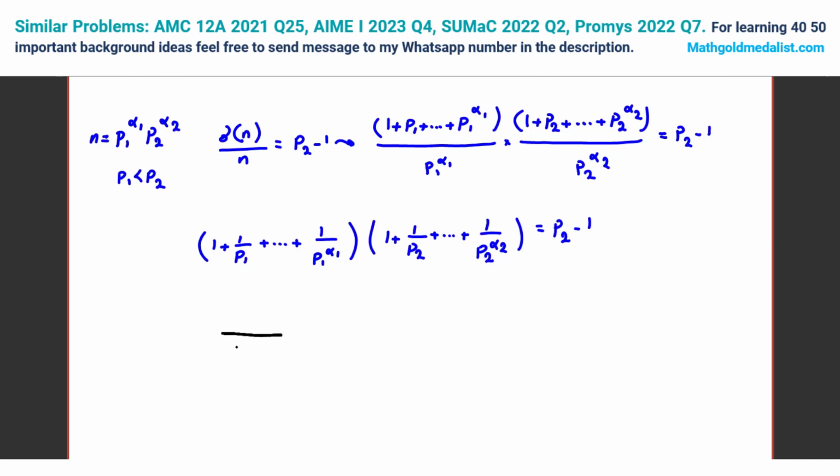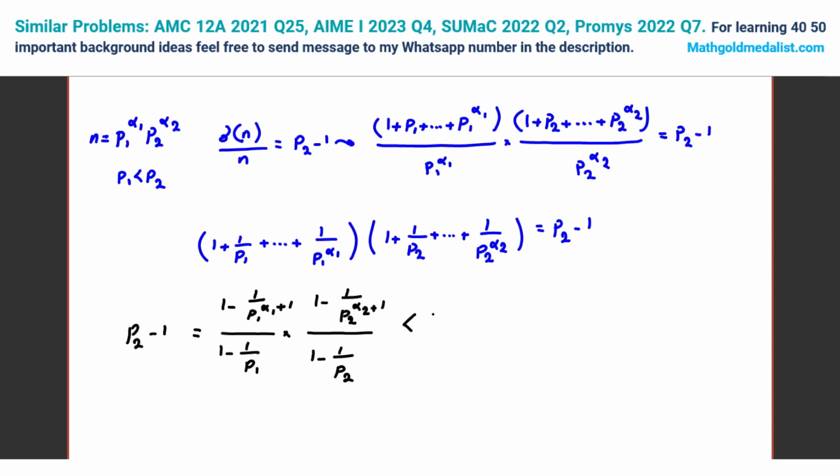Let me write (1 minus 1 over P1) alpha 1 times (1 minus 1 over P2) alpha 2 plus 1. It is equal to P2 minus 1 if you switch the left-hand side and right-hand side.